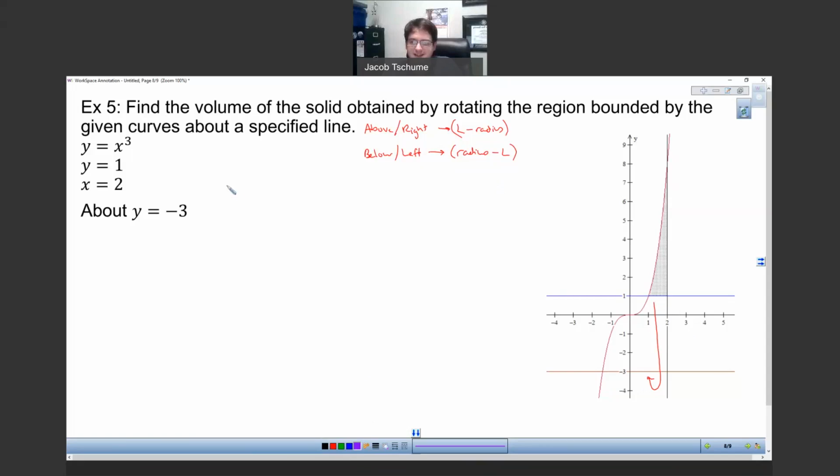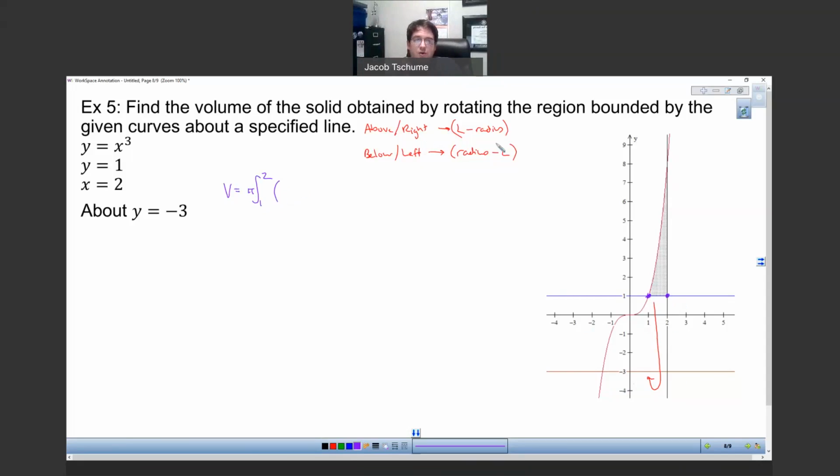So when I set this up, my volume will be pi times the integral. Since y equals -3 is parallel to the x-axis, you are going to do this in terms of x. So on the x-axis, we are going between 1 and 2. Since it's the washer method, you're going to have to do the outer radius squared.